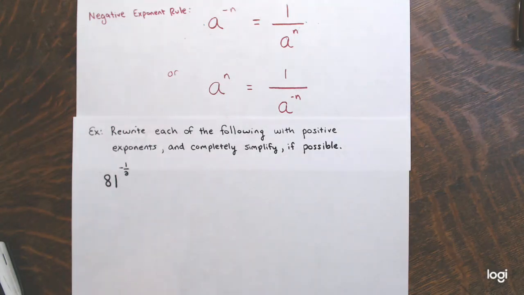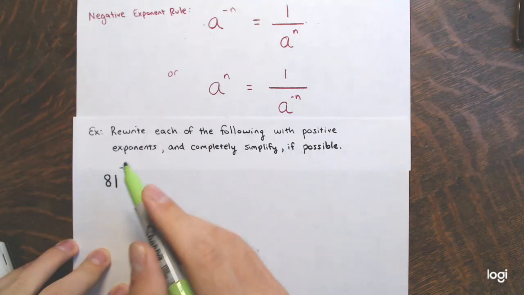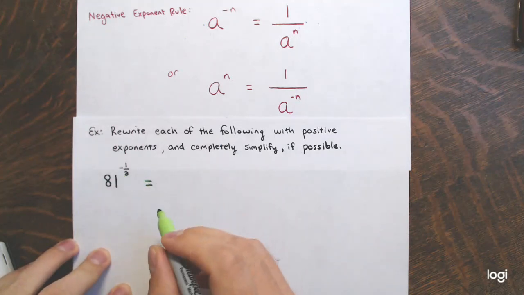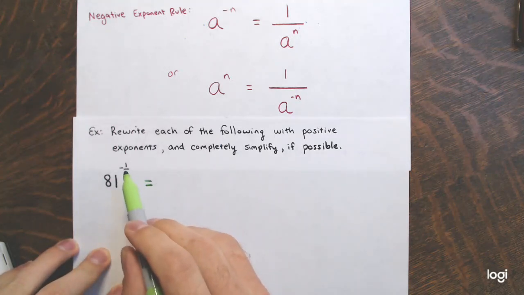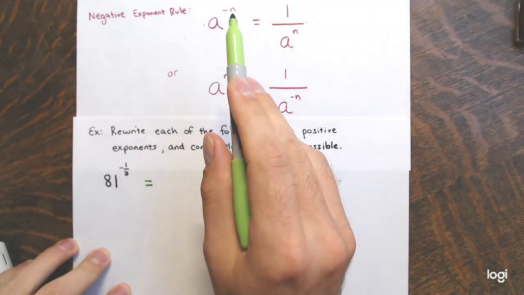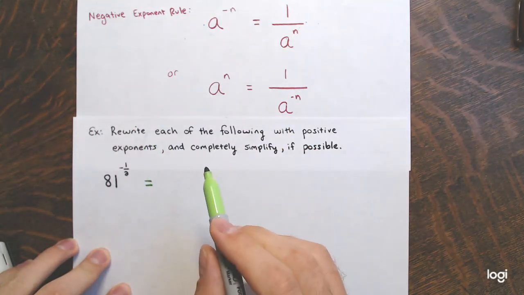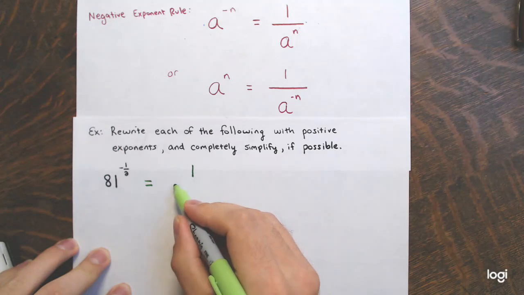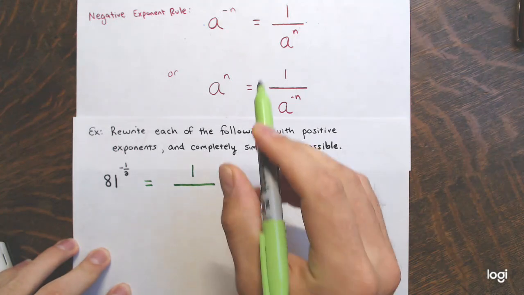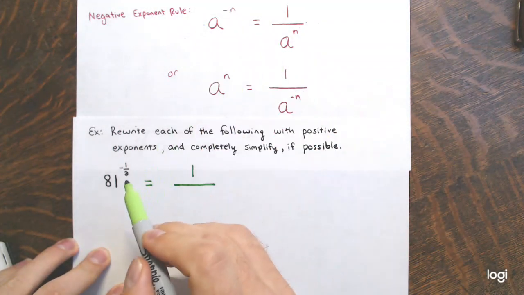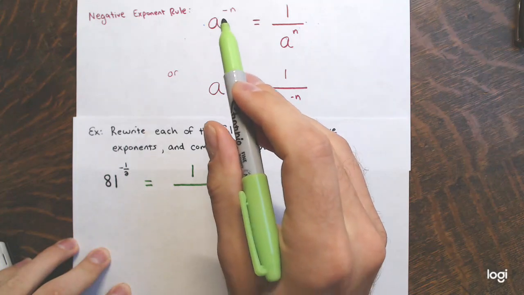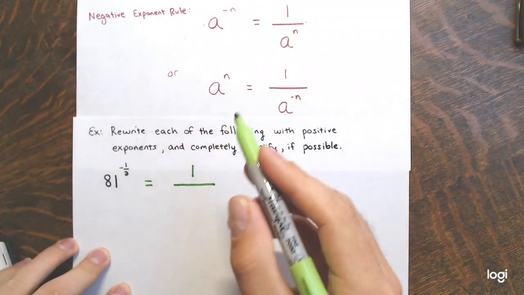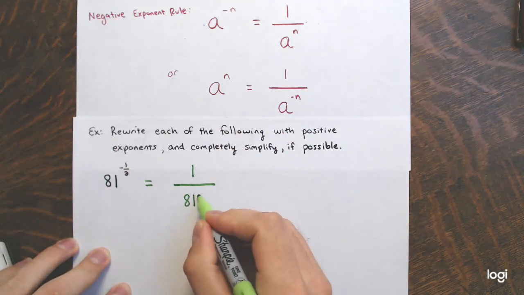All right, so here I have 81 to a negative power. So first I'm going to rewrite this with a positive power. This negative half is like the negative n, where n is a half. This is the reciprocal, 1 over, I'm just doing this rule up here. 81 to the negative half is just the reciprocal, 1 over 81 to the positive half.